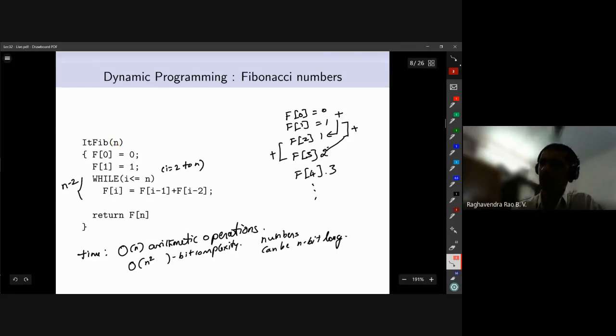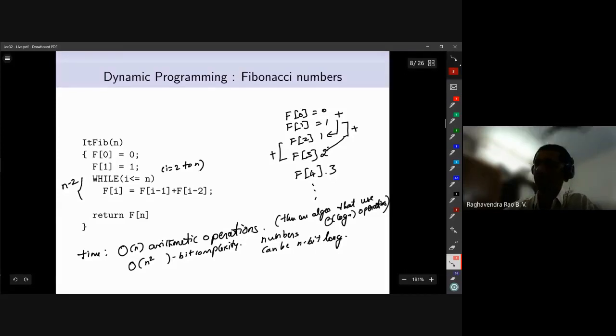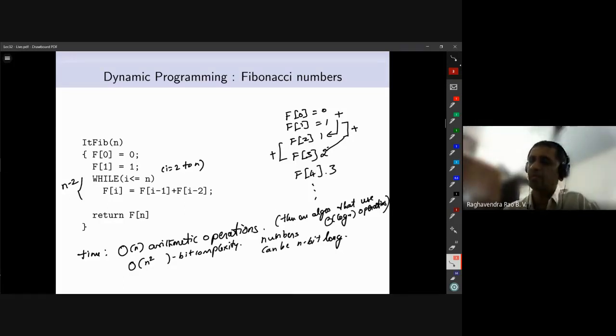There are algorithms that use order log n operations. However, you cannot overcome this n factor, because even that solution will involve addition and multiplication of n bit numbers. So you'll require at least order of n time for addition of n bit numbers.